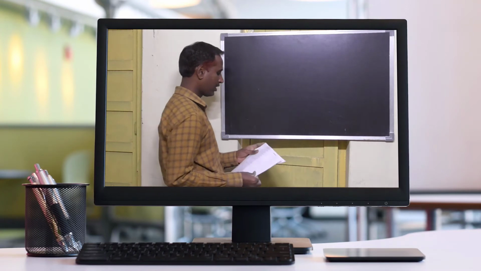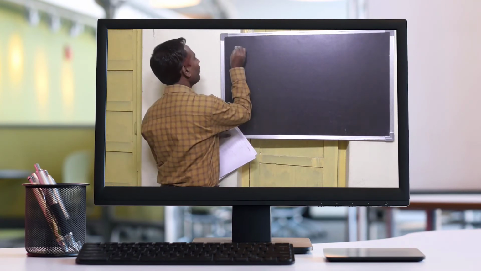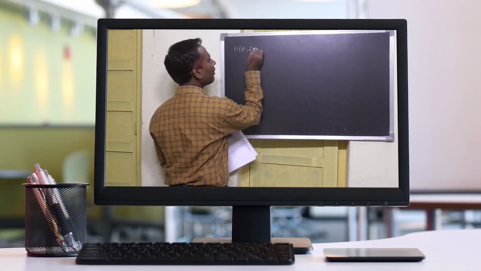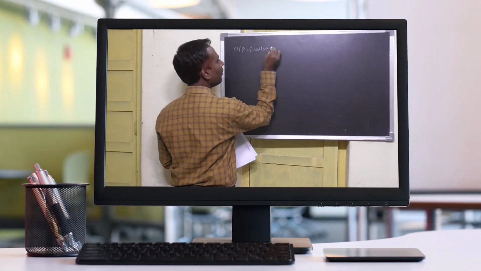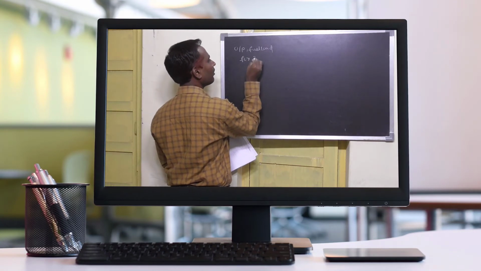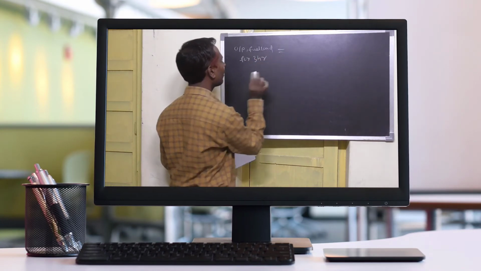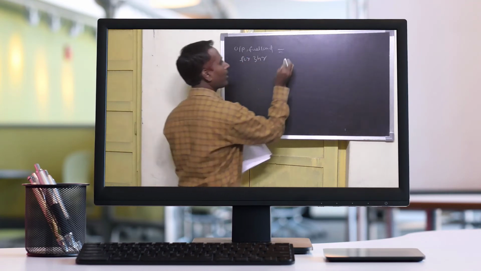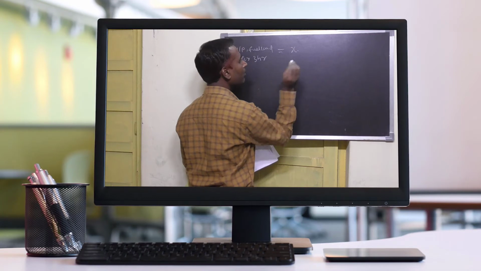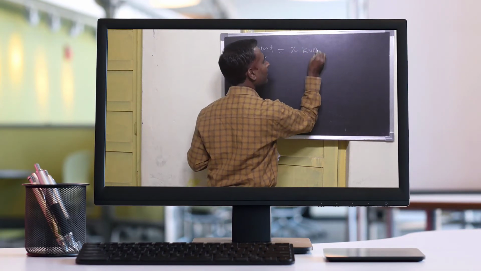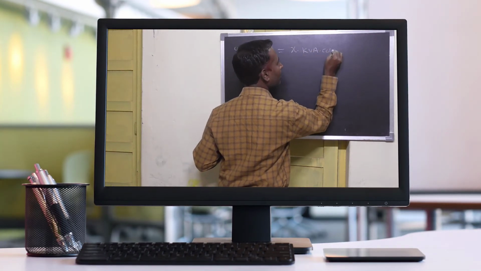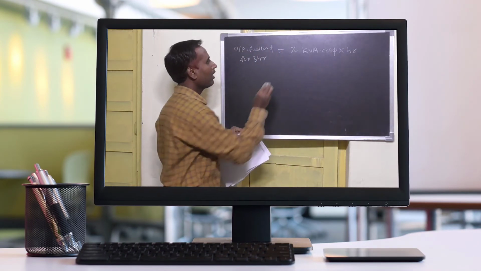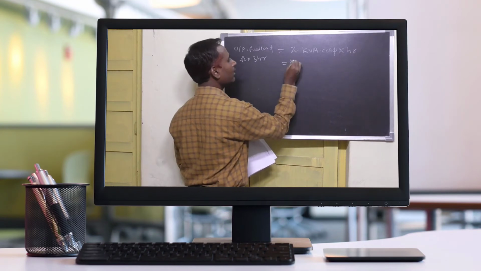First, same as before, we find the output at full load for 3 hour. What is the formula? X into kVA into cos phi into hour. This is the formula. Full load means x is 1.